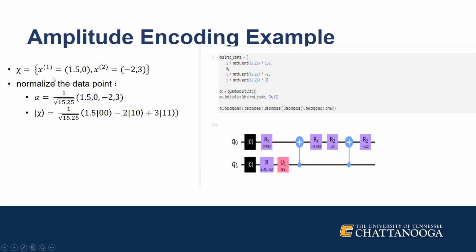So we have 1.5 squared plus 0 squared plus 2 squared plus 3 squared, which is 2.25 plus 4 plus 9. So that will make 15.25. So we're going to normalize using 1 over the square root of the amplitudes, and then we're going to do it that way.